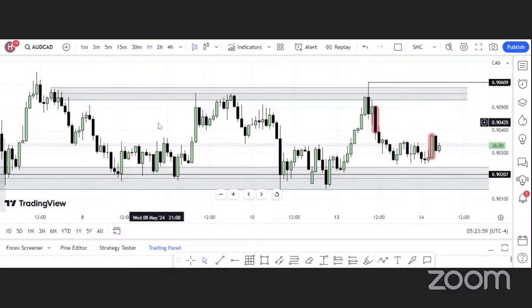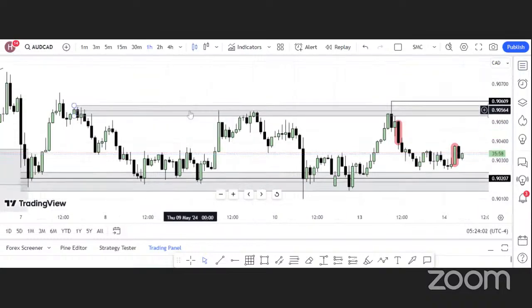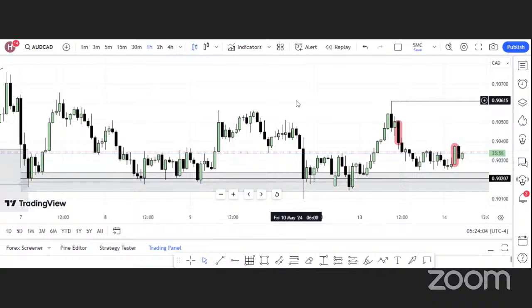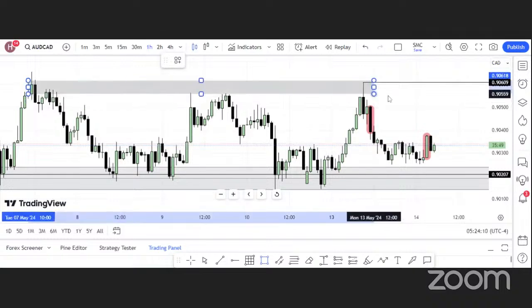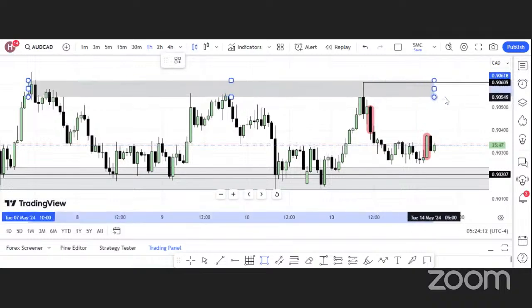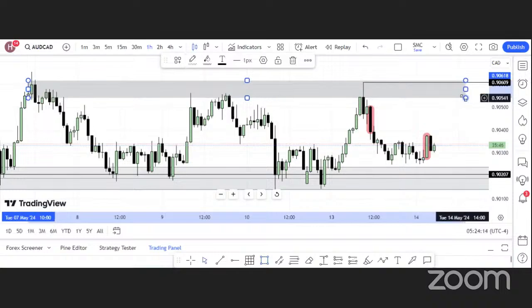All right. So take for example, let's say this is our resistance level. Let me use another tool to indicate it and label it as a resistance level.